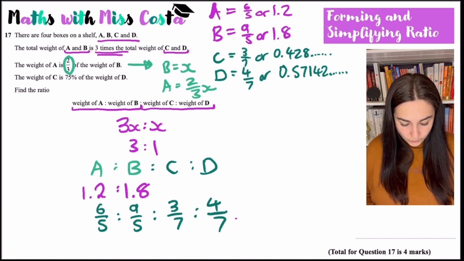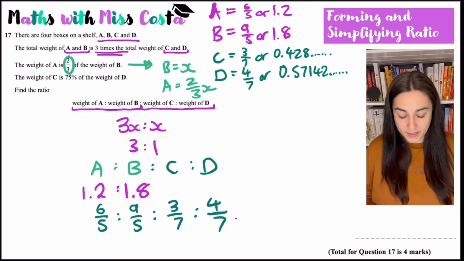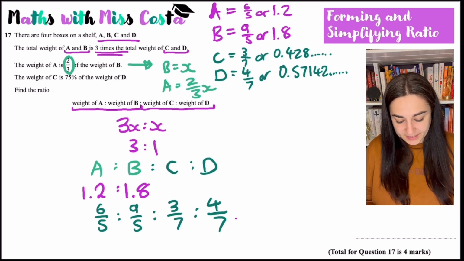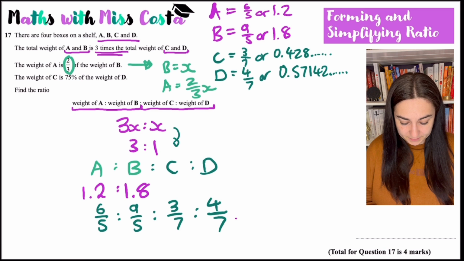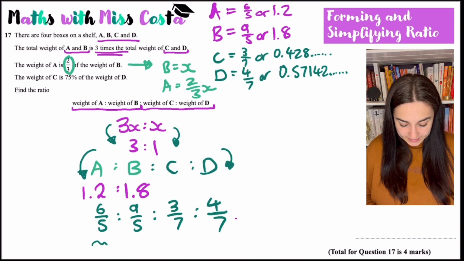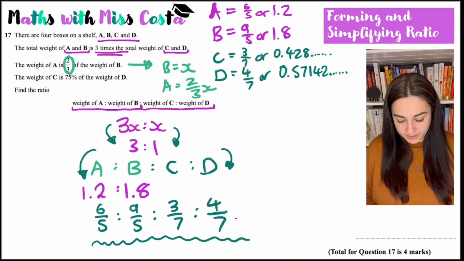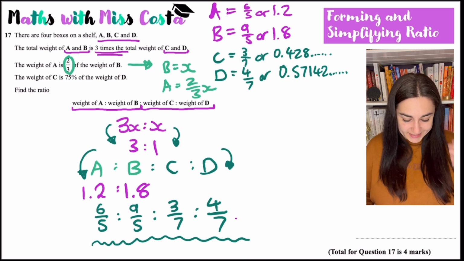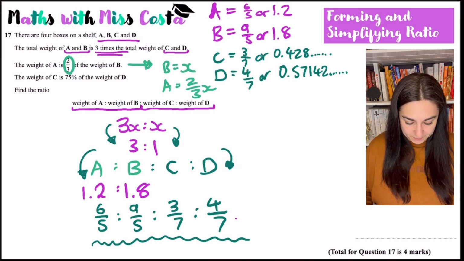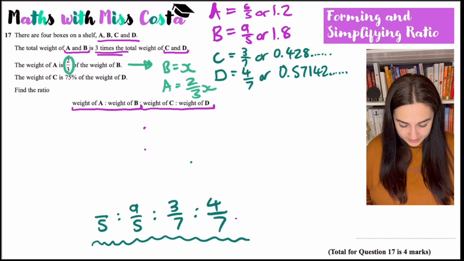So I've got all of my ratios in this form in a way that they relate to each other, because I started by splitting them up into the ratio 3:1. And then using this ratio, I split them up into their A and B and C and D correspondence. So now this is the full ratio. However, it doesn't actually say to simplify it, but we're going to do that anyway.